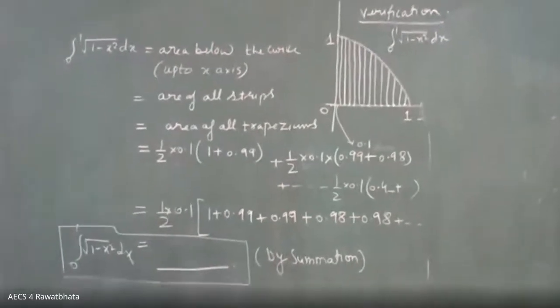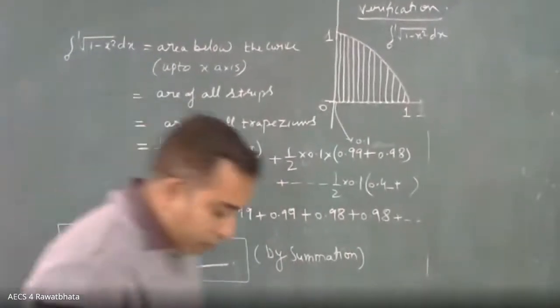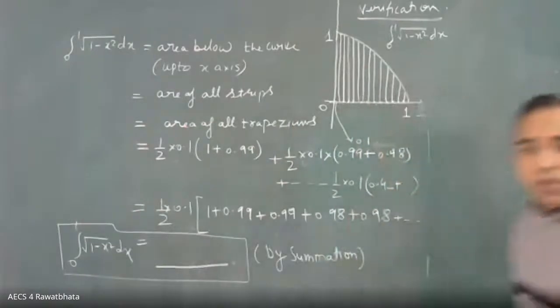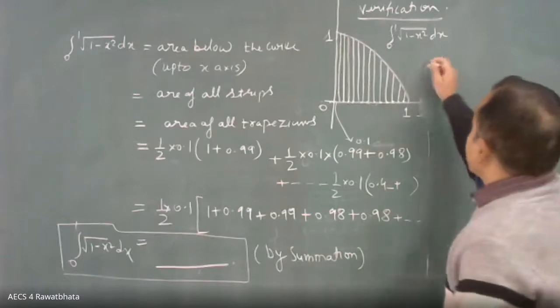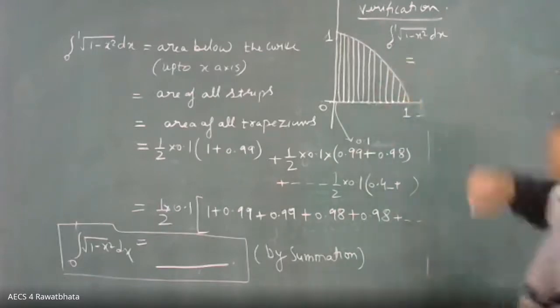Yeah, verification. Divyanshi, are you there? Divyanshi or your sister Priyanshi? Yes, sir. Yeah, Divyanshi, I have to write its integral. Tell me, what should I write? Do you remember? Yes, sir. Tell.